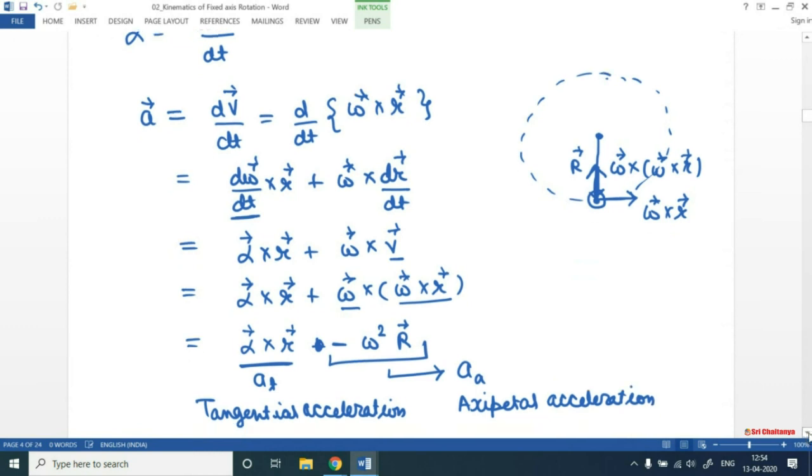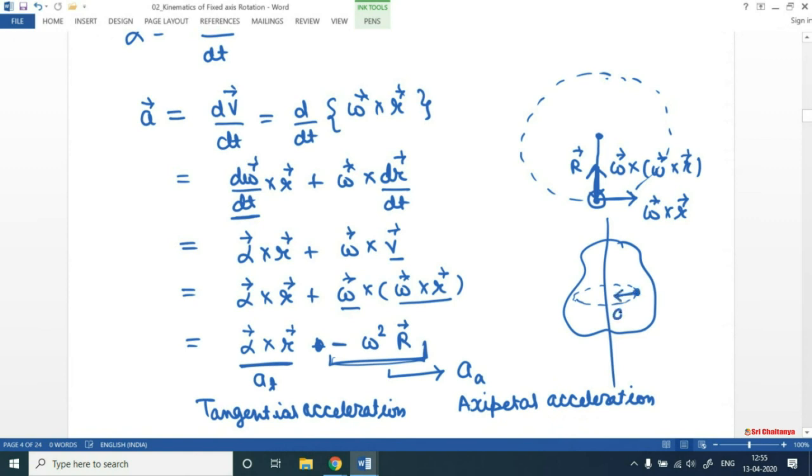Please try to understand the difference between centripetal and axipetal. Centripetal is towards the center, and axipetal here is towards the axis. So wherever this point we are taking, if we are trying to find this component of acceleration, it will not be toward the center, but it would be towards the axis. Let's say, for example, this is the rigid body. If it is undergoing fixed axis rotation, it will have two components of acceleration.